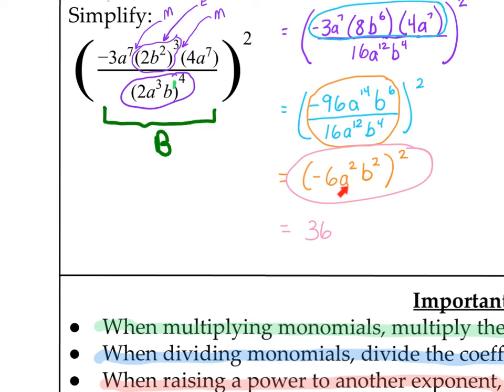And then for the a's, the a to the exponent 2 gets multiplied by the outside exponent. So 2 times 2 is 4. That's a to the 4. And for the b's, the inside exponent of 2 gets multiplied with the outside exponent of 2. So 2 times 2 is, again, 4. B to the 4.